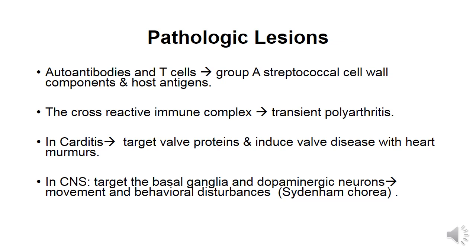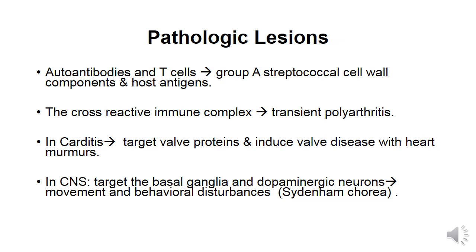Once that beta hemolytic streptococci antigen affects the person and invades the bloodstream, autoantibodies and T cells start to recognize it and form an immune complex, a cross-reactive immune complex.